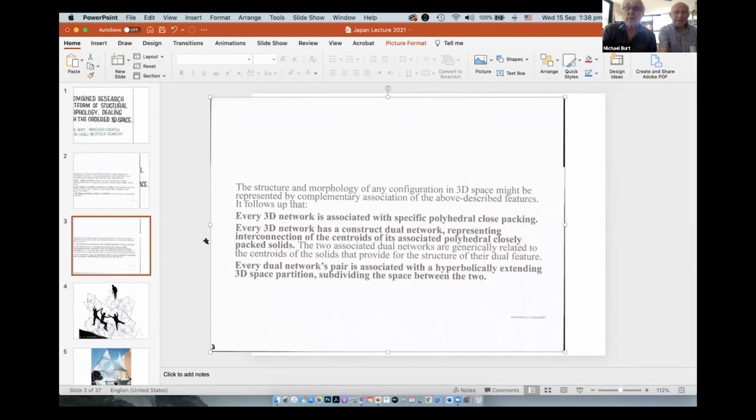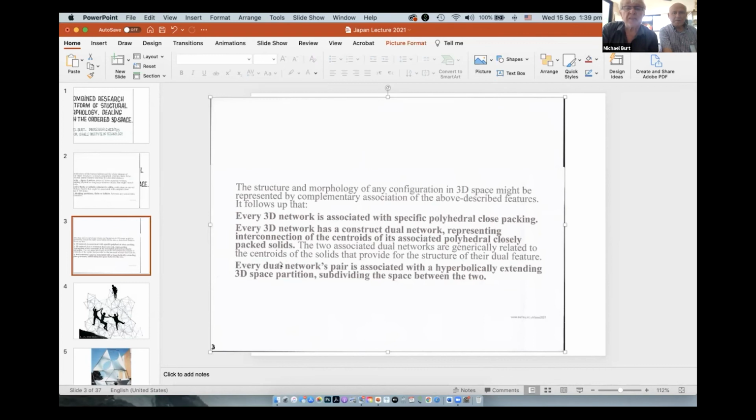The cubic network is associated with a close packing of cubes. Every 3D network has a constructed dual network. If you take the vertices, the centroids of the cubes compactly packed, and join them together, you receive another cubic network.